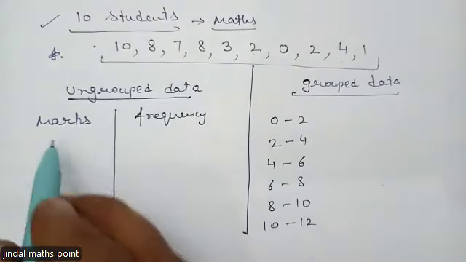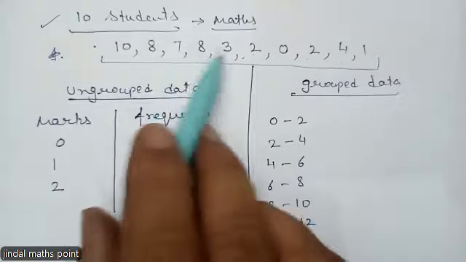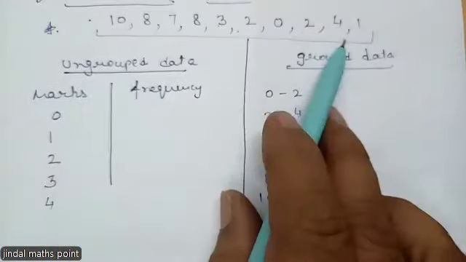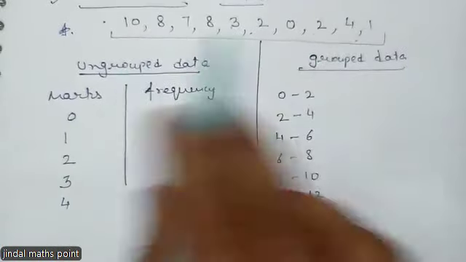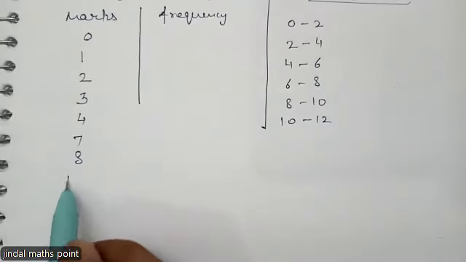Marks 0, 1 is also there, 2 is also there, 3 is also there, 4 is also there, but 5 is not there. 6 is not there. 7, 8, 9 are not there. 10.